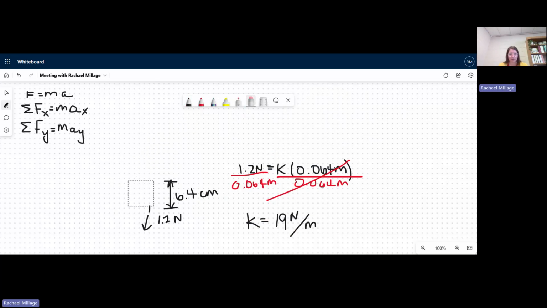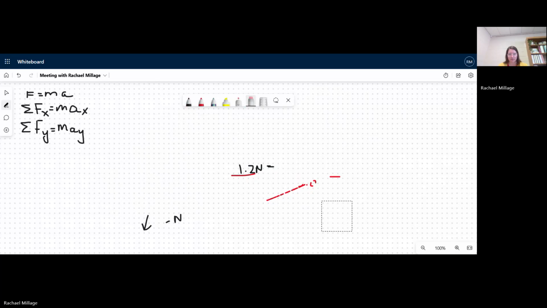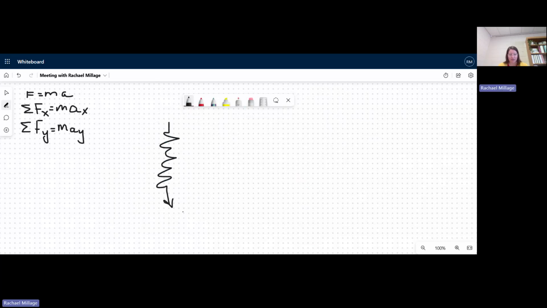The last one that we have is I have a spring and I'm pulling down with a force of 2.3 newtons. My spring constant K is going to be 19 newtons per meter.